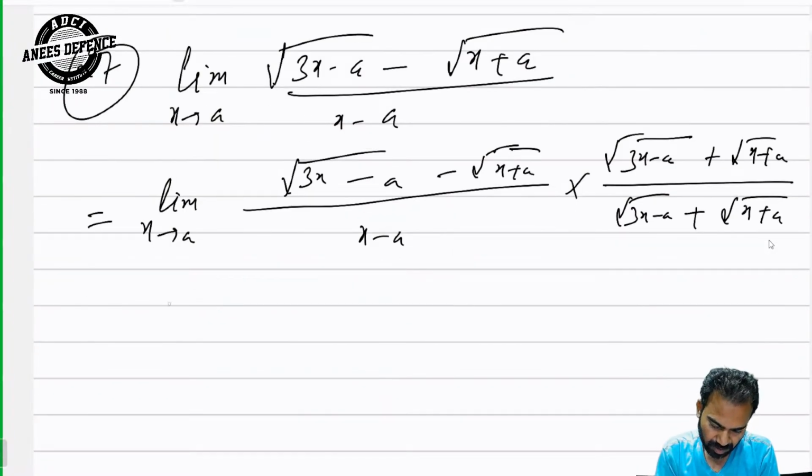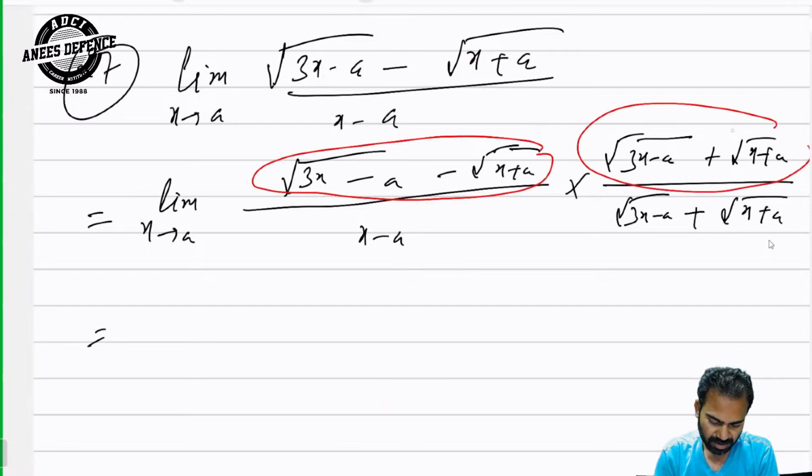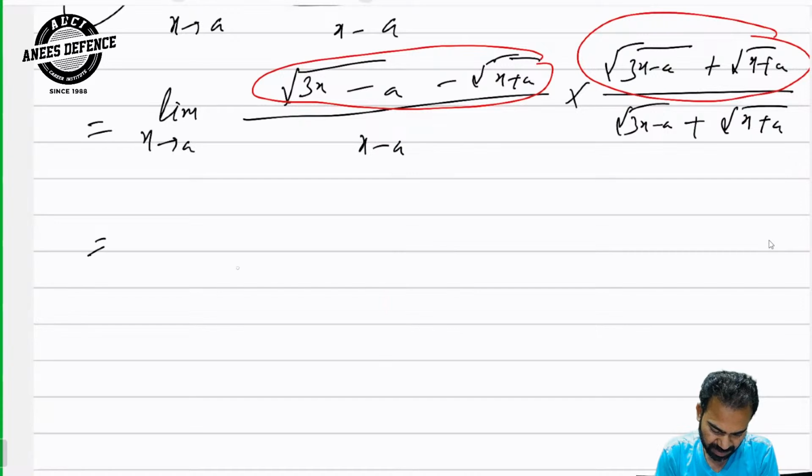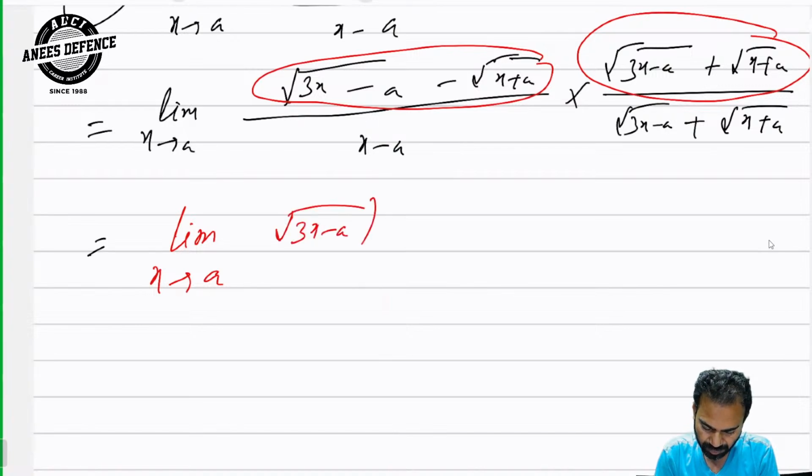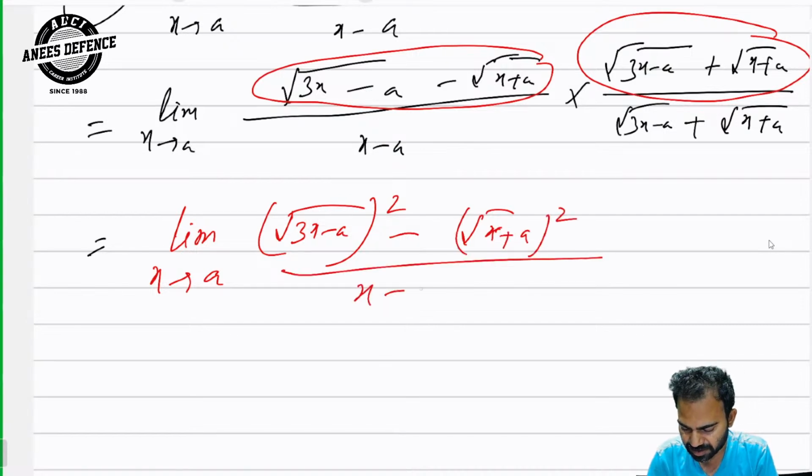So these two will be a minus b, a plus b, so a square minus b square. Have you understood this?